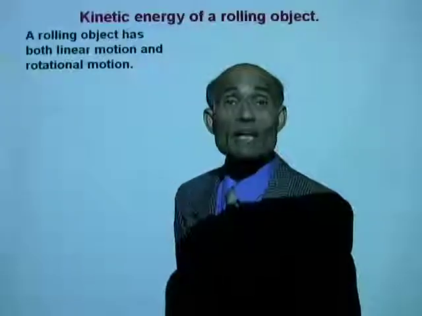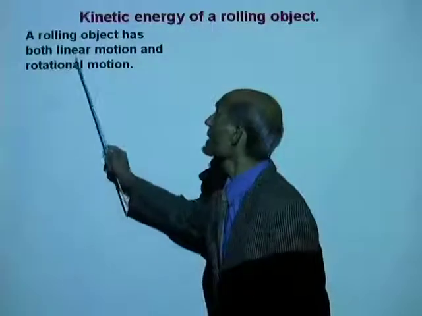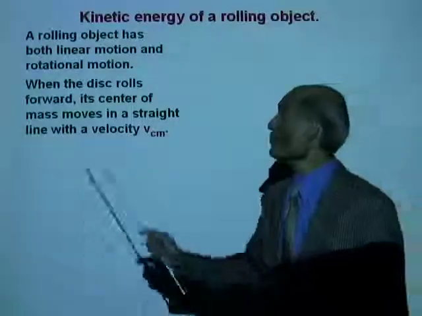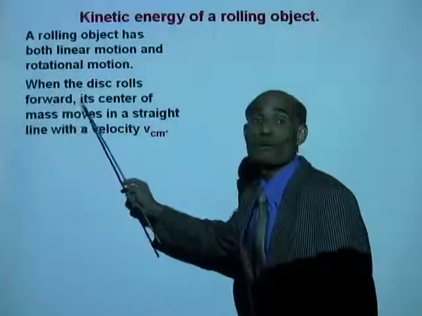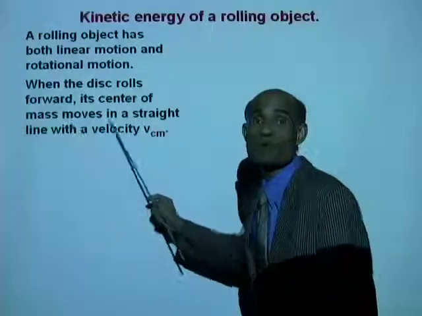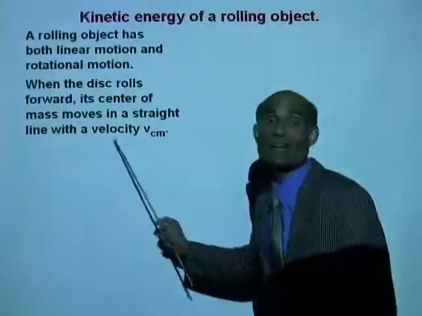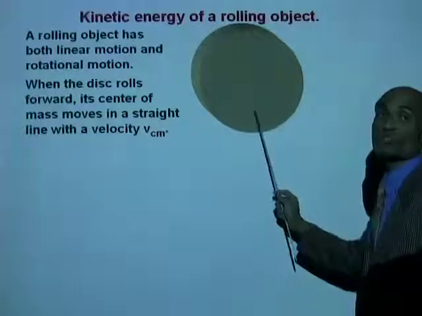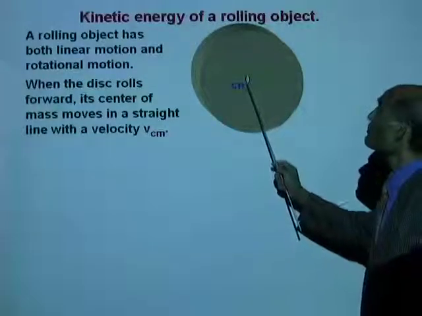So a rolling object has both linear motion and rotational motion. When the disk rolls forward, its center of mass moves in a straight line with a velocity v center of mass. So this disk is rolling forward.